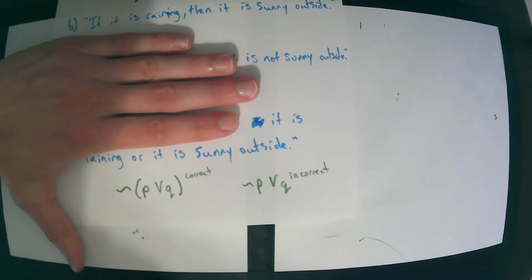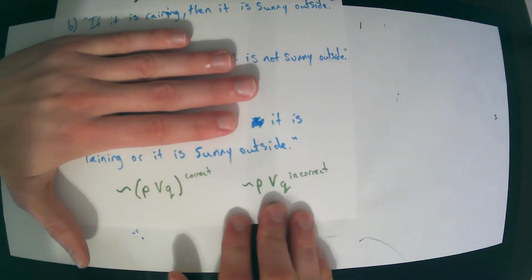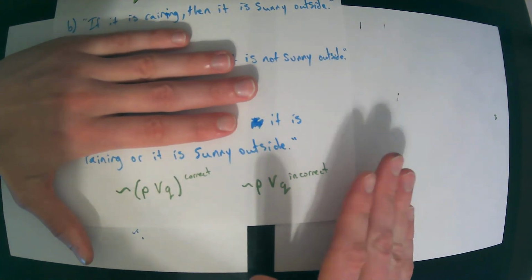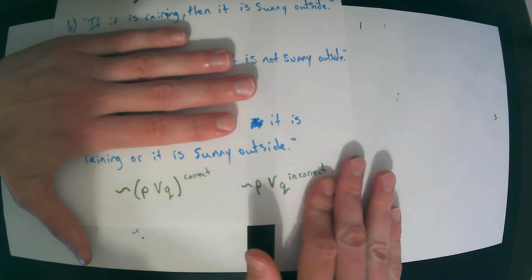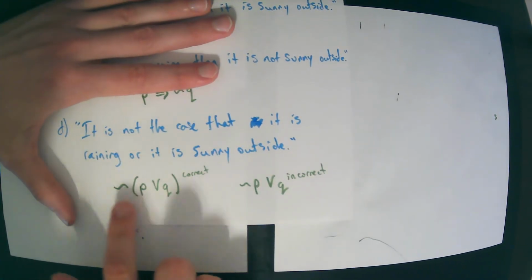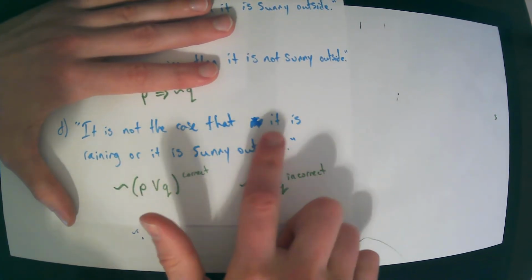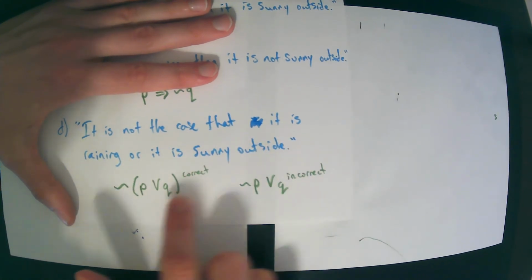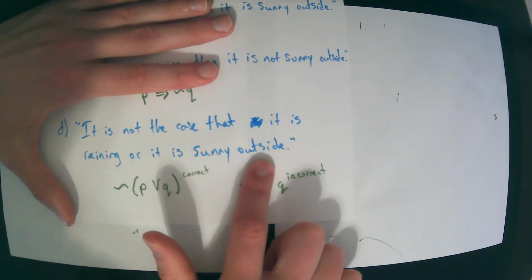So if I look outside and it's not raining and it's nighttime, so it's dark outside, then this statement would be false. That's the only time it's going to be false. And isn't that what a negation wants? It's the logical opposite of P or Q, this statement: it is raining or it is sunny outside.